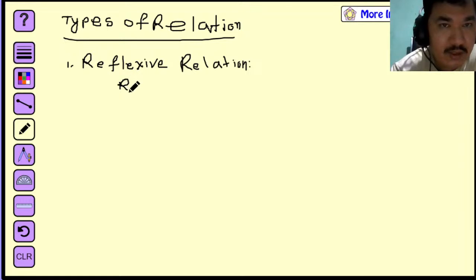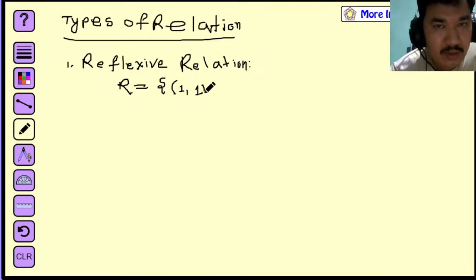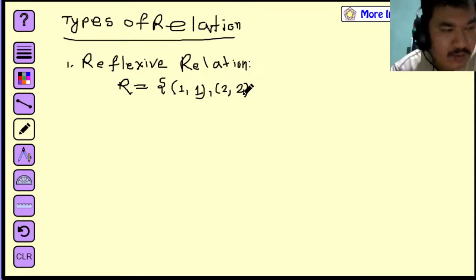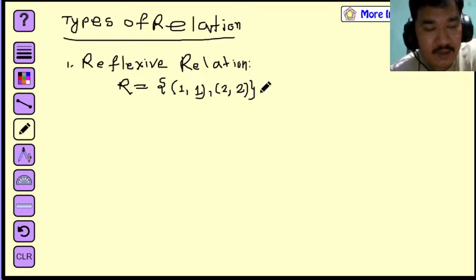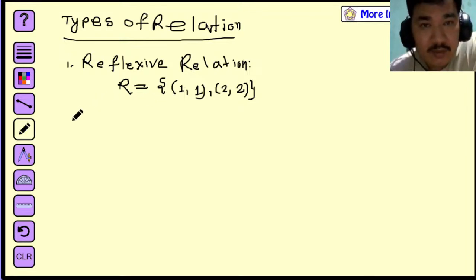Suppose there is one relation given. Look here, the x component and y component are both the same, right? And here is the next one, the x component and y component are the same. This type of relation is known as reflexive relation.